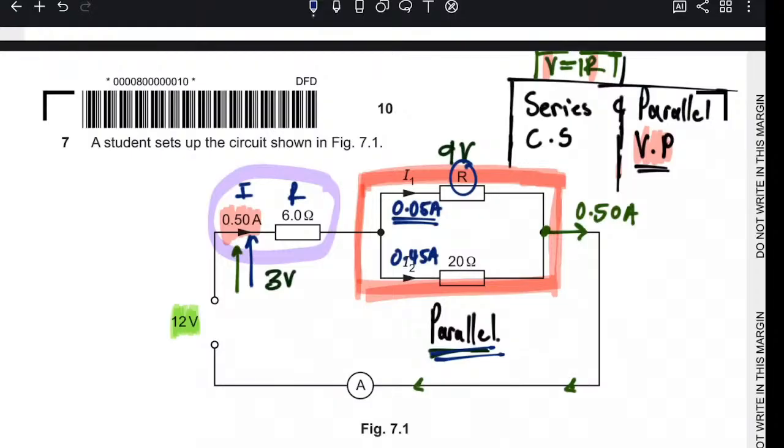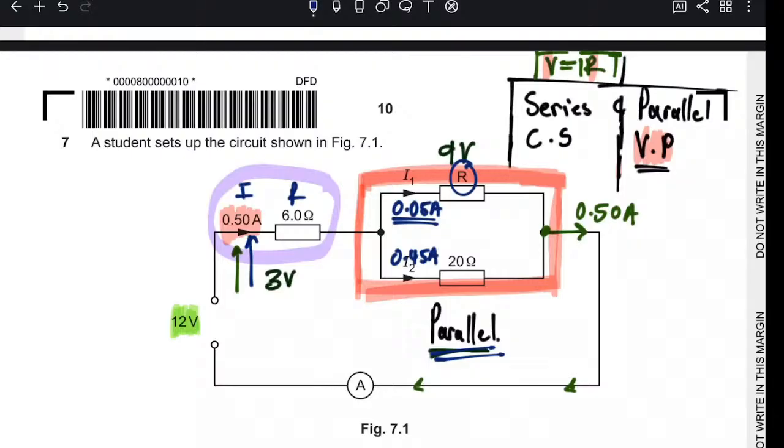What do we use here? We use Ohm's law. I want to hear you say it. Yes, well done. Ohm's law is your best friend.